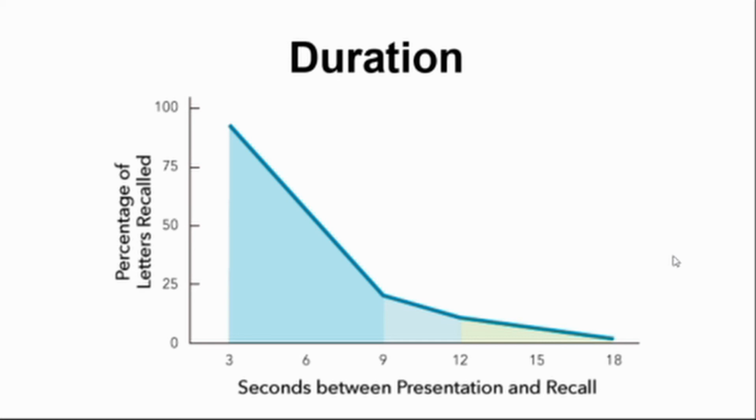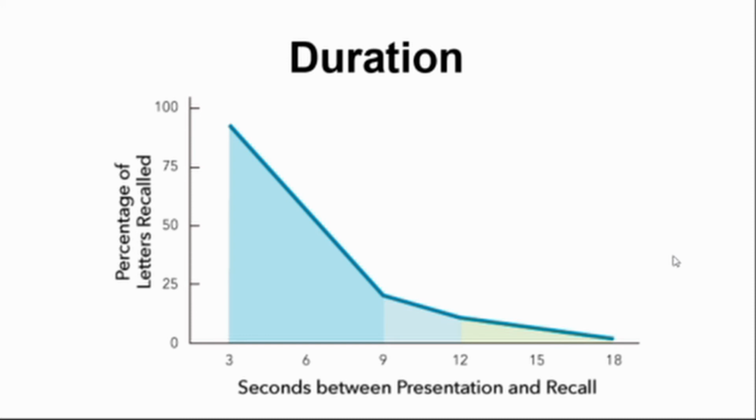We can recall most of them. But after 3 seconds, you start seeing that drop-off. We can still recall some up to about 20 seconds, but after that, there's basically no recall. So that's what we mean by variability: we start forgetting things after 3 seconds, and by the time we hit that 20-second mark, nothing is left.